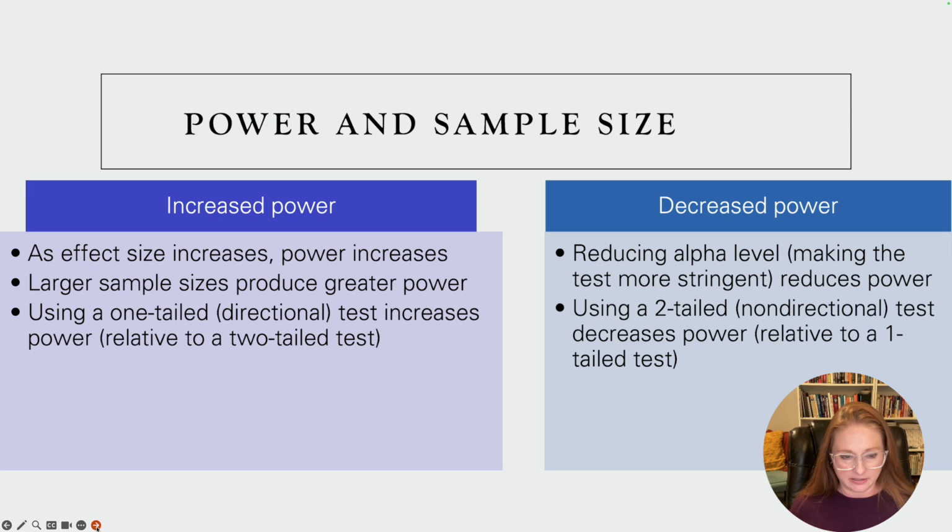Using a one-tailed or directional test increases power relative to a two-tailed test, but that's a smaller point. Decreasing power: reducing your alpha level makes the test more stringent and reduces power. And the opposite of the last point, using a two-tailed test decreases power.